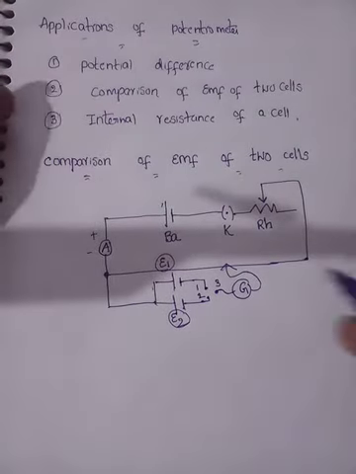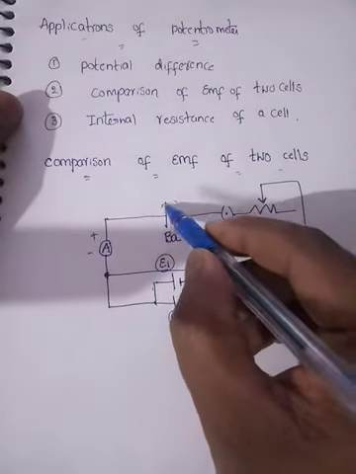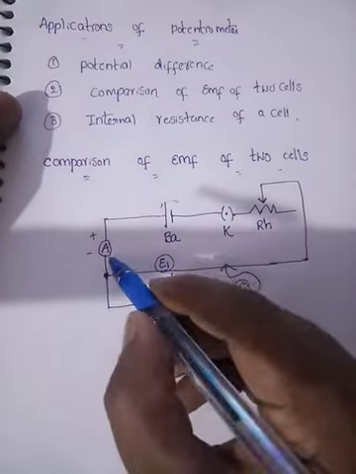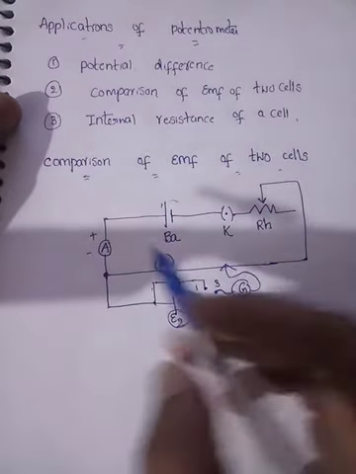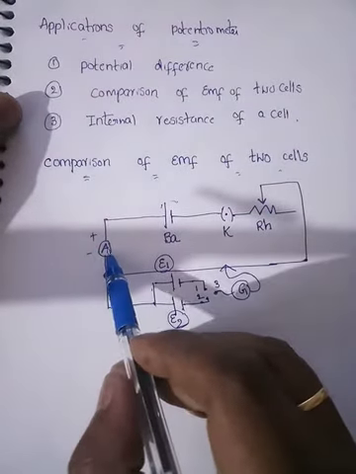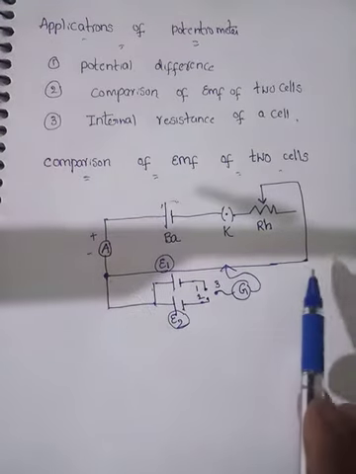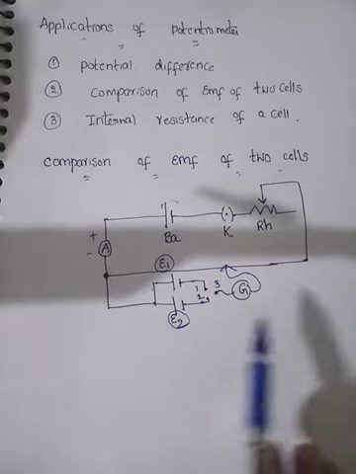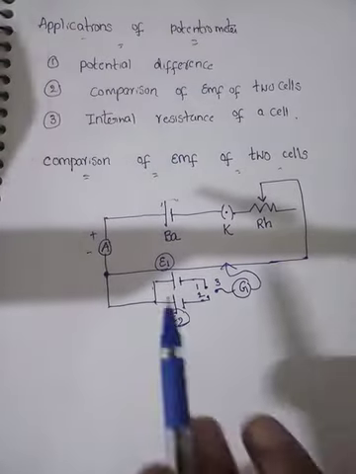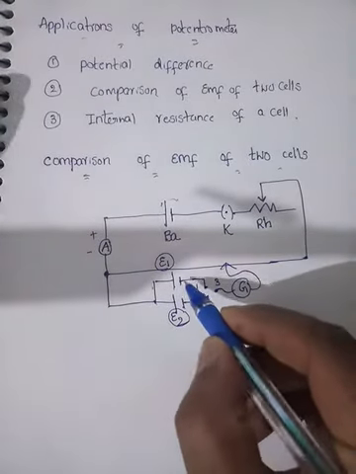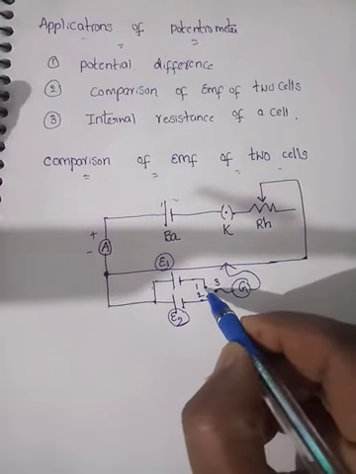So what we will do here is adjust the rheostat to make the current flow constant. And when you place the jockey here and here, the galvanometer has to show opposite deflection. Now connect the first terminal to the third terminal.